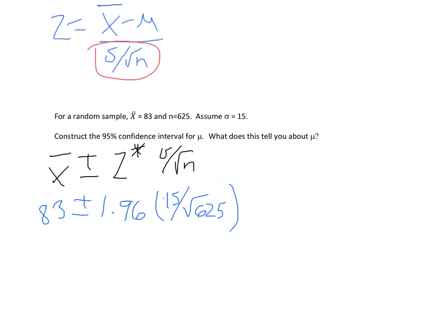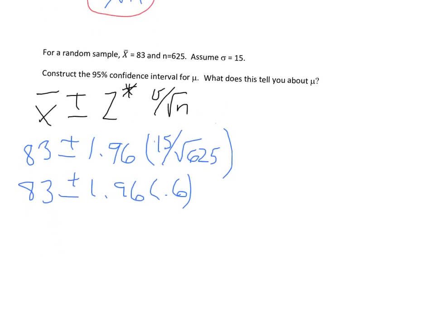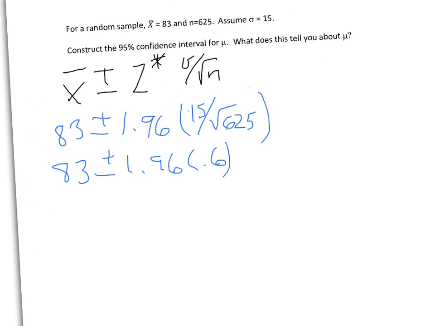We know that 15 over square root of 625 is 15 divided by 25, which is 3/5, or 0.6. So I have 1.96 times 0.6, add and subtract it to 83. And so from here I just grab my calculator and plug it in. I'll spare you the gory details.